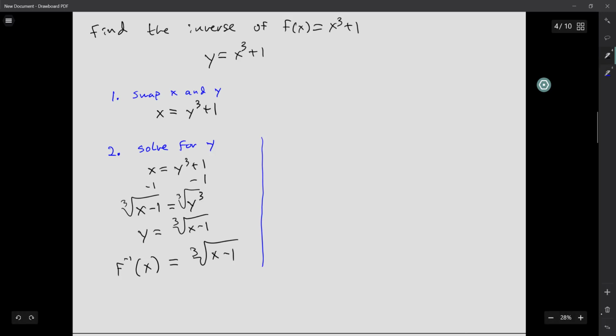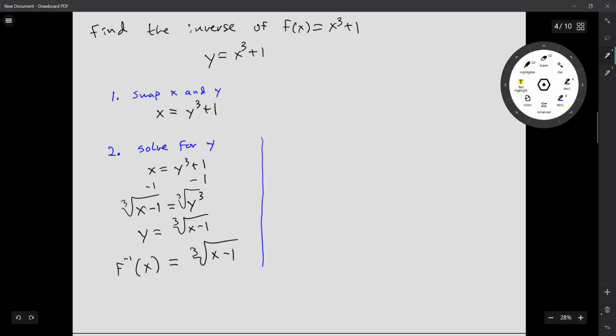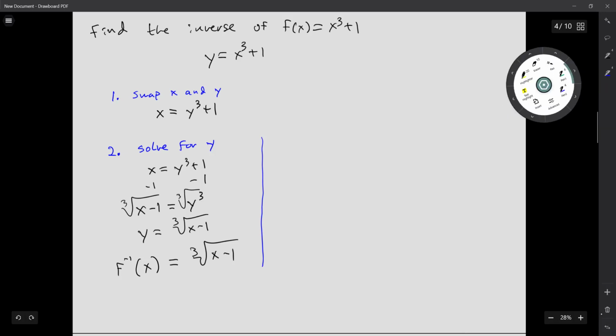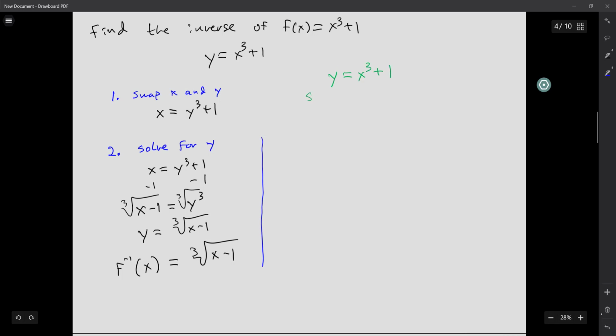Because if I did step 2 first, let's see. Let's make it green, because why not? We've got y equals x cubed plus 1, and I solve for x. Then I will get the cube root of y minus 1 equals x.